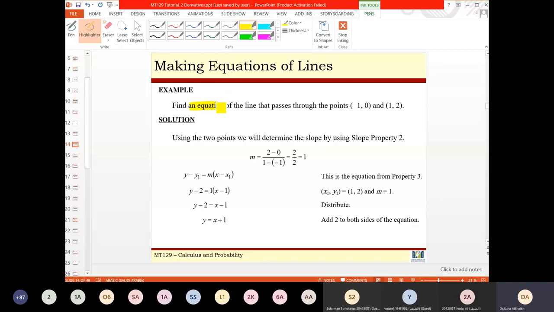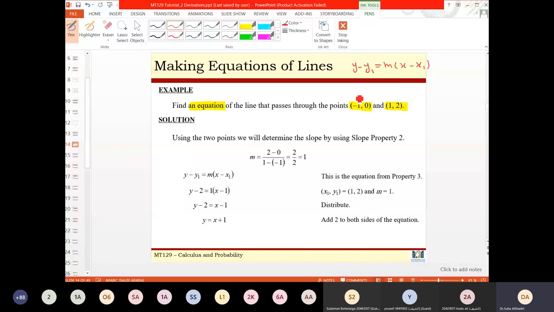Do I have the slope? Is the slope given somewhere? No, they just give me points. I can say this is the point (x1, y1) and this is the point (x2, y2), and I know the slope is nothing but the difference, y2 minus y1, divided by x2 minus x1.